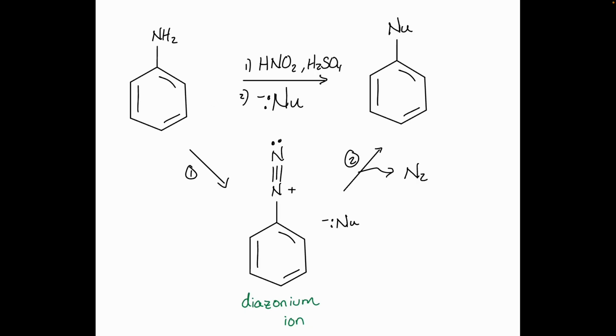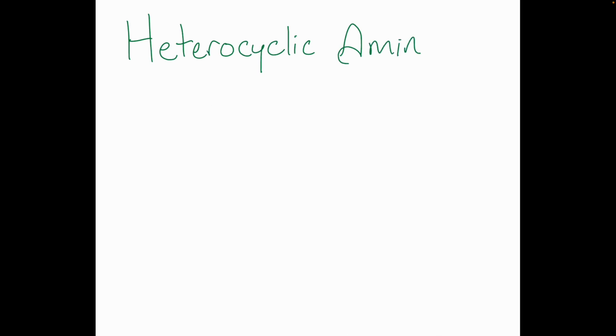Okay, so the last thing that we're going to talk about here are what are called heterocyclic amines. We talked about these a little bit when we were talking about aromaticity, and there are two big ones that we want to know, two special name compounds.